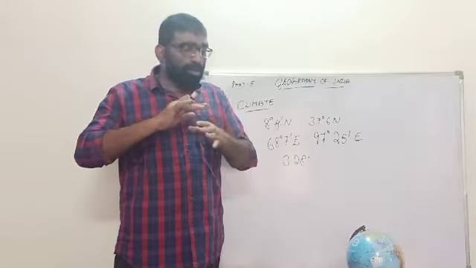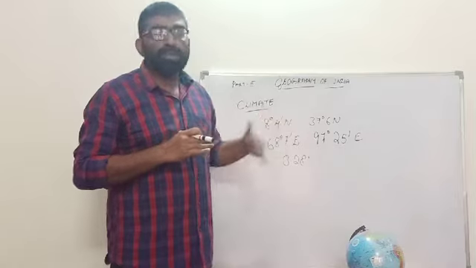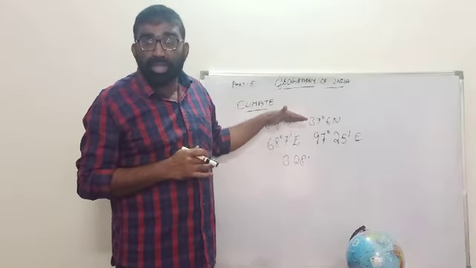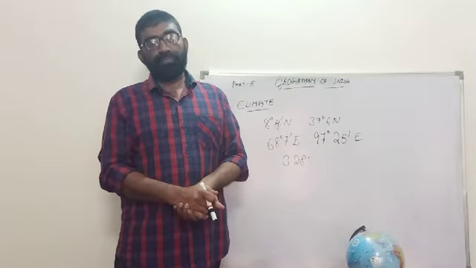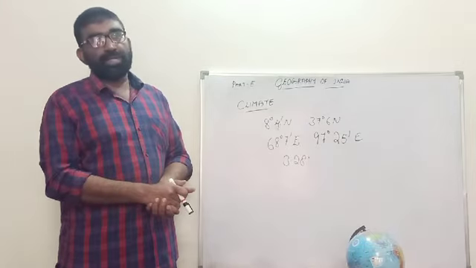And one more thing, Tropic of Cancer divides the country into two halves. The north lies in the temperate zone or the subtropical zone, and the south is in the tropical zone. So the climate is of tropical monsoon type.